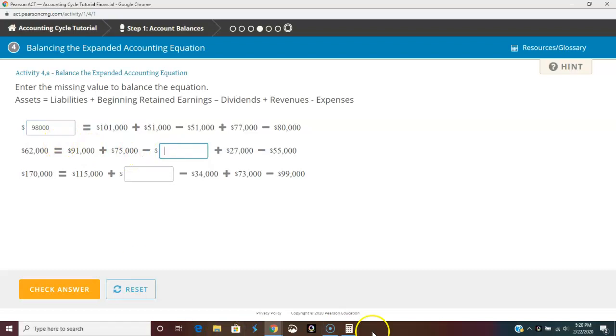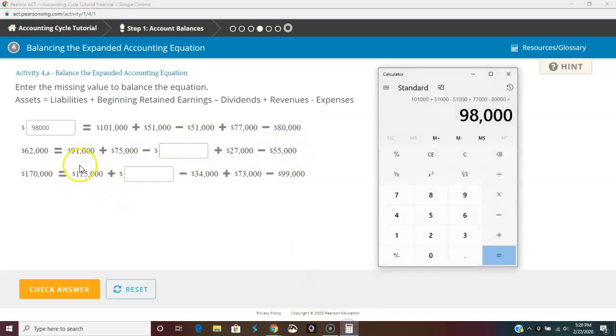This one's a little trickier. 62,000 equals what's missing. So let's do this. Clear it.